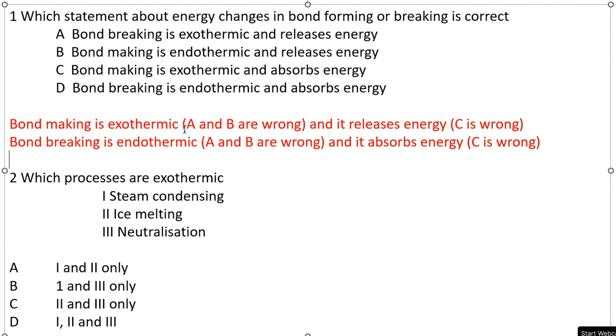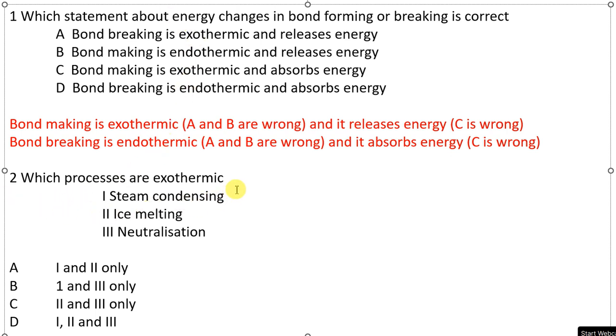That excludes A and B. It releases energy. C is wrong. Check. Bond breaking is endothermic. Again, A and B are wrong. And absorbs energy. That makes C wrong. So my answer is D.